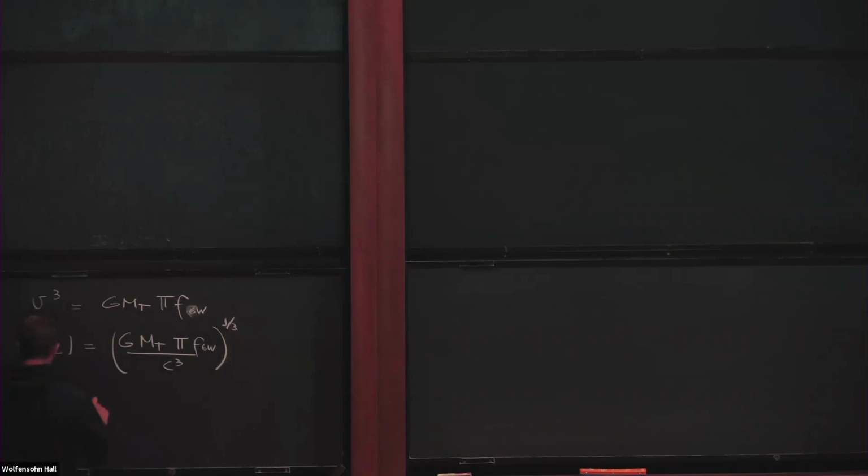So, binding energy, 1/2 mu v squared, mu being the reduced mass, which is equal to the symmetric mass ratio eta times the total mass. Replacing this, you will see that you get something proportional to eta, the total mass, and V over c squared, to the 2/3.